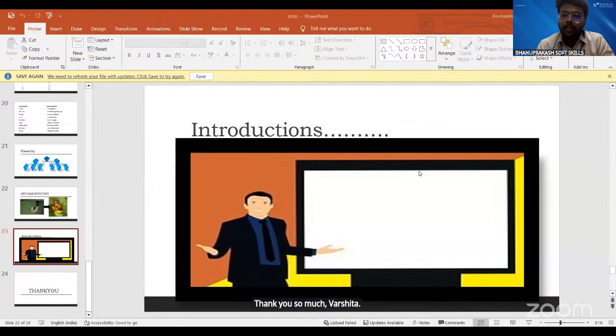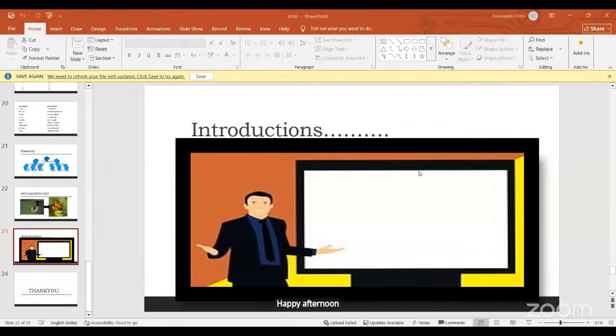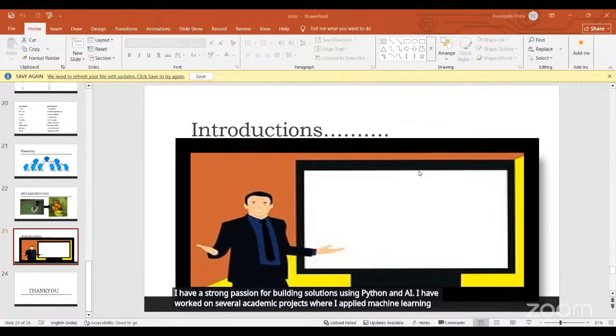Yashaswini Priya, you can. Good afternoon, sir. I am Yashaswini Priya, currently pursuing my BTech in Computer Science with a specialization in Artificial Intelligence and Machine Learning. I have a strong passion for building solutions using Python and AI. I have worked on several academic projects where I applied machine learning concepts to solve real-world problems. I consistently focus on improving my technical, analytical and soft skills, and I actively practice coding to strengthen my logical thinking.